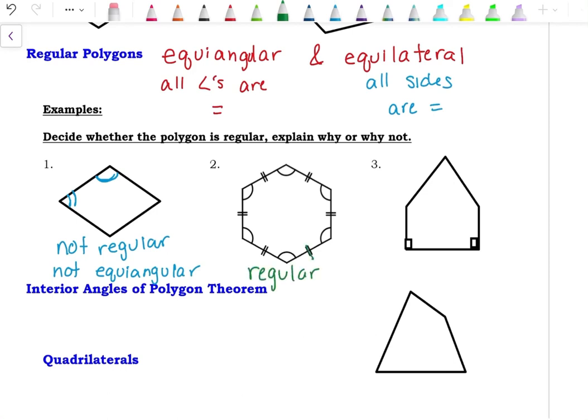You can see all of our sides are marked as congruent and all of our angles are marked as congruent. Number 3, this would be not regular. Not all angles the same. You can see that we have 2 right angles at the bottom, but none of these other 3 angles are right angles, therefore not regular.